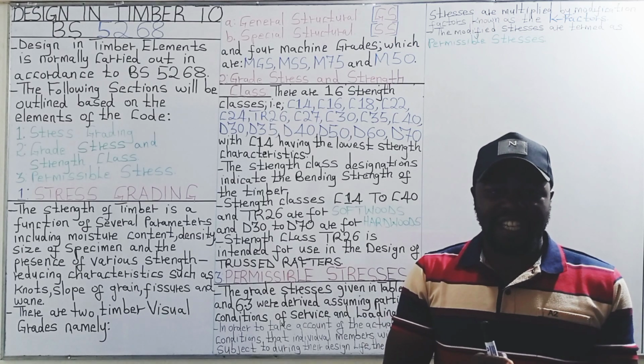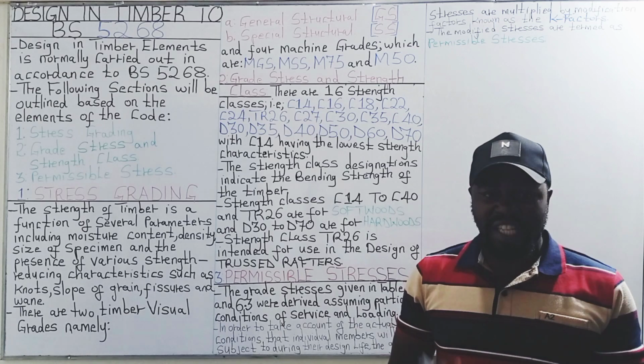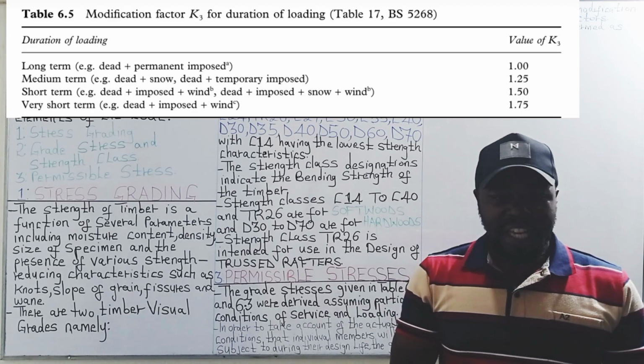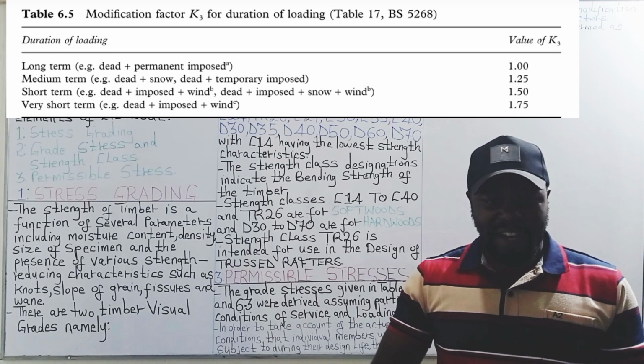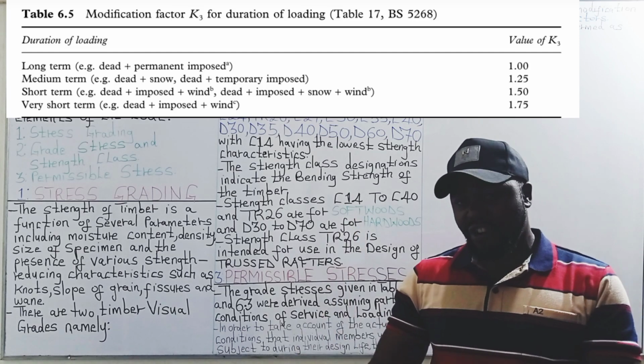And table 17 of BS 5268, which has been reproduced in this book as table 6.5, gives the modification factor K3 by which these values should be multiplied for various load combinations.